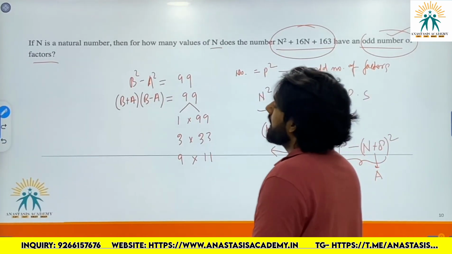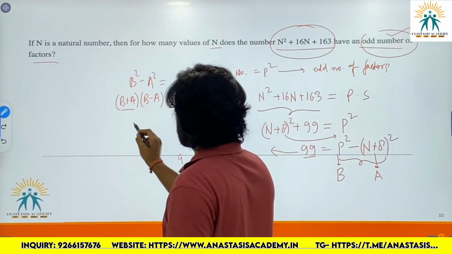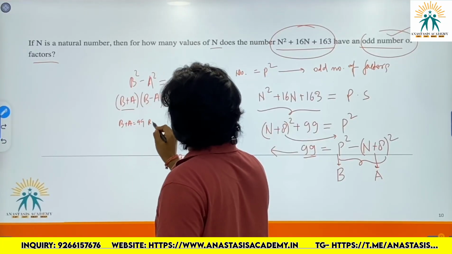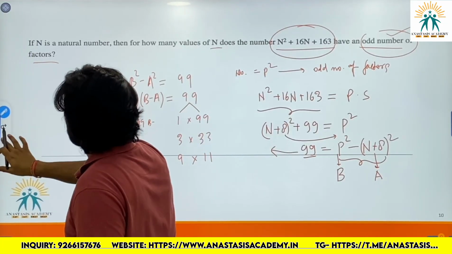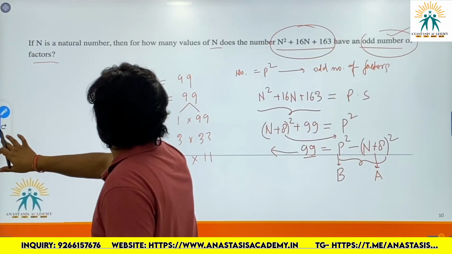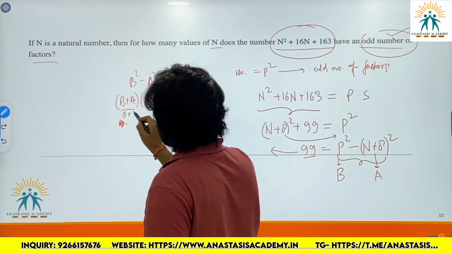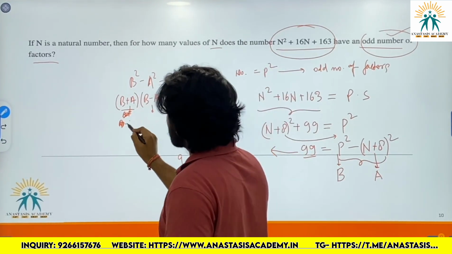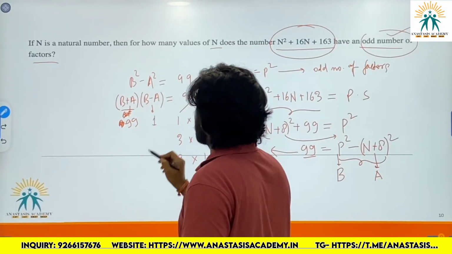Now take the value of b plus a as 99 and b minus a as 1.